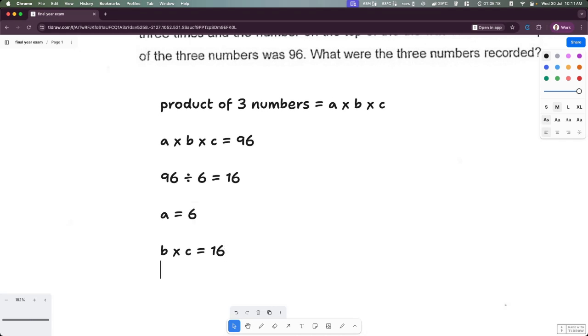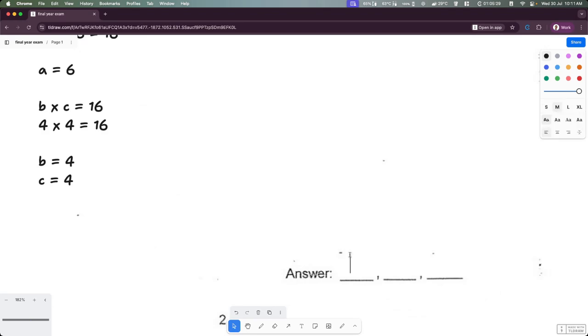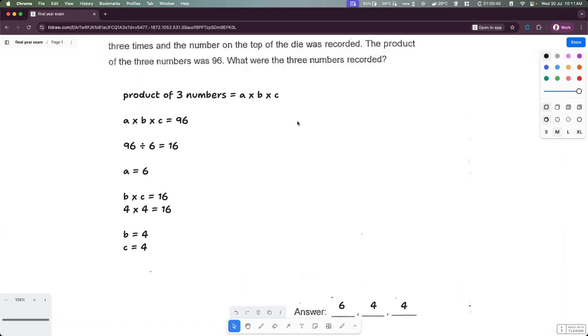If you say 4 times 4 is equal to 16, then B is equal to 4 and C is equal to 4. So A, B, C will be 6 times 4 times 4. Okay, this is one way.